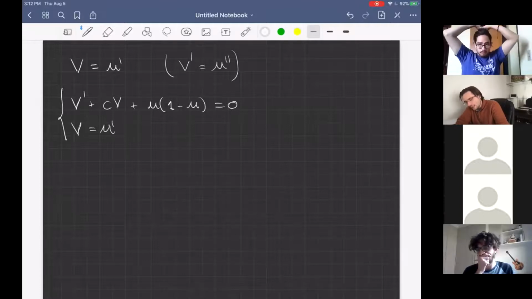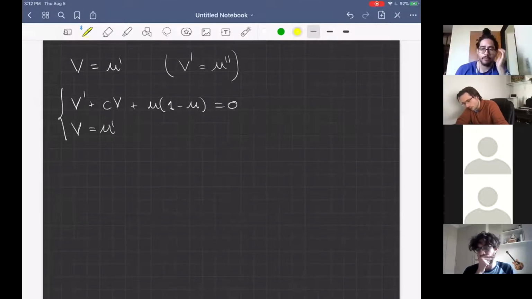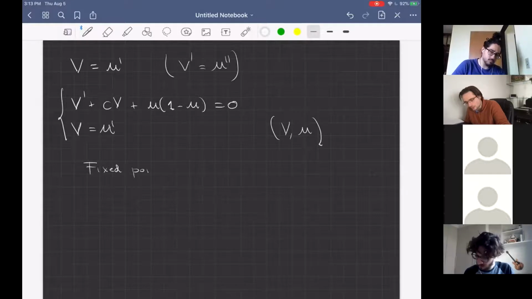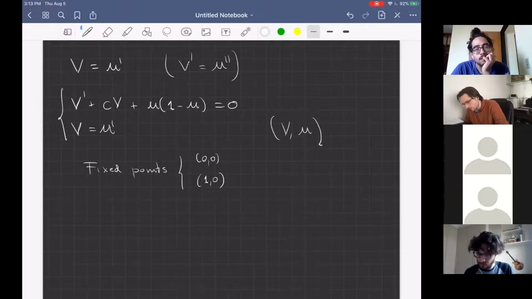Of course, I still need to write my boundary conditions, which are the same in U. The way you analyze this system is pretty much the same way we analyzed the competitive Lotka-Volterra model. So we have a phase space that is VU. We can calculate the fixed points, which are going to be 0, 0, and 1, 0. The only difference is that now V is the derivative of U.